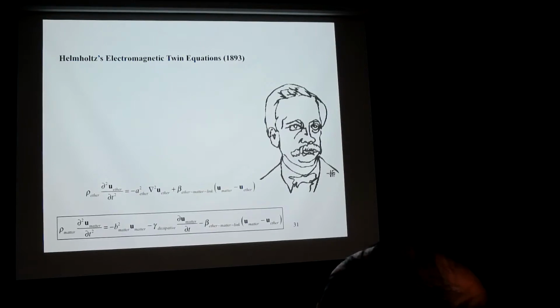Now, I don't have time to go into the way in which in 1870 Helmholtz had created an alternative structure for electromagnetic equations, which under certain limiting conditions was equivalent to field theory. That's a long story in itself. But what is significant for us is this. Helmholtz was very interested in the discovery of something called anomalous dispersion.